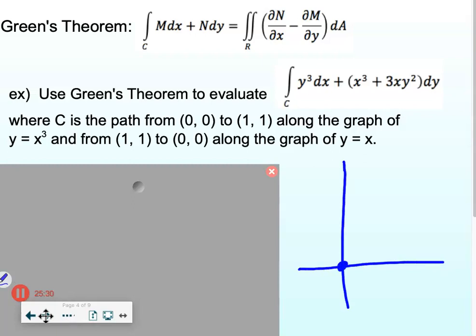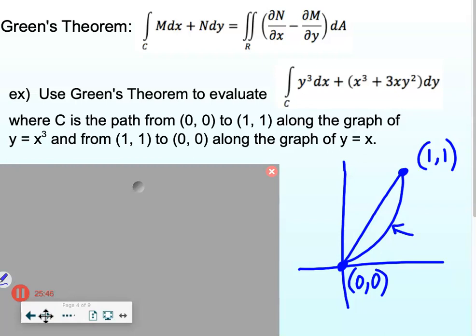So 0, 0 to 1, 1 along y equals x cubed, and then 1, 1 to 0, 0 along y equals x, not drawn to scale. So here's 1, 1. Here's 0, 0. This is y equals x cubed. This is y equals x.